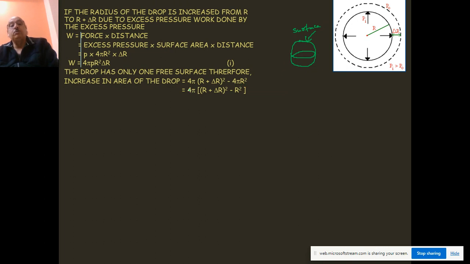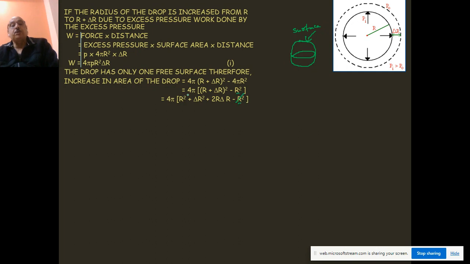We may take out 4 pi, and now we may open the bracket also. By using the formula (a plus b) whole square is a square plus b square plus 2ab, so it is R square plus delta R square plus 2R into delta R minus R square.